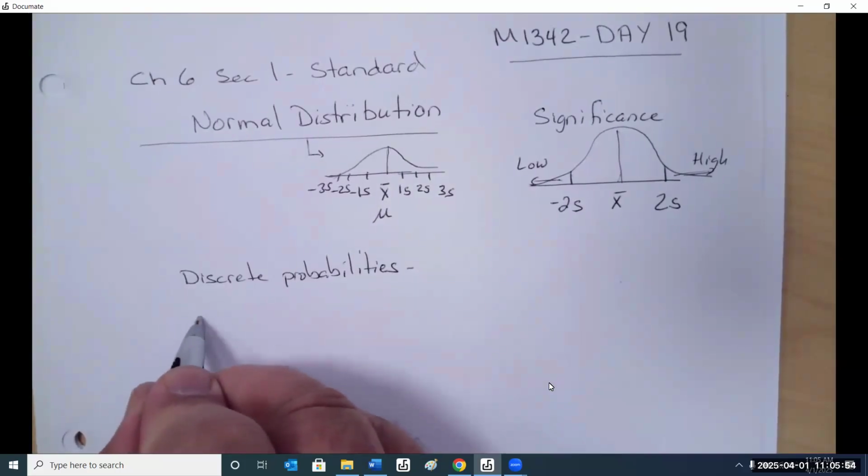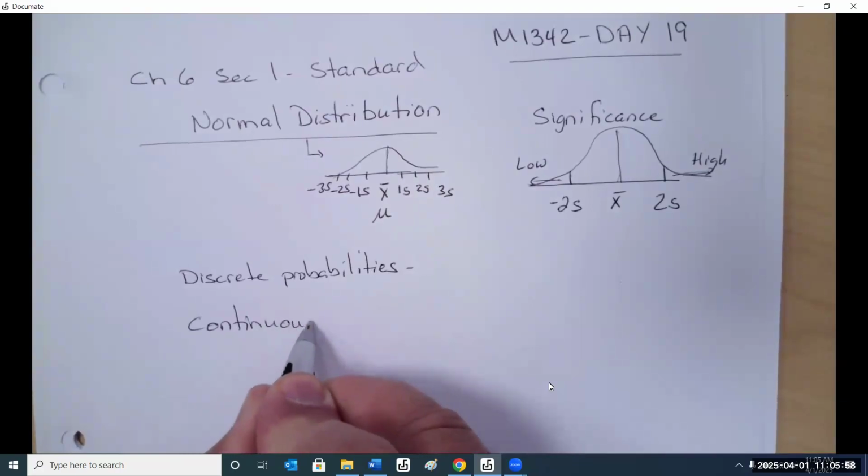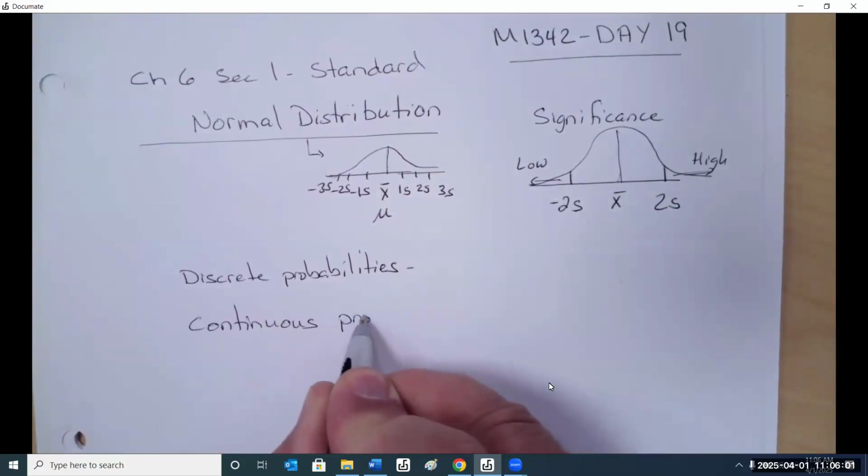Now we're going to look at continuous probabilities.